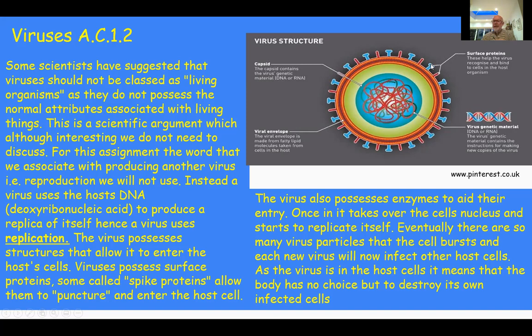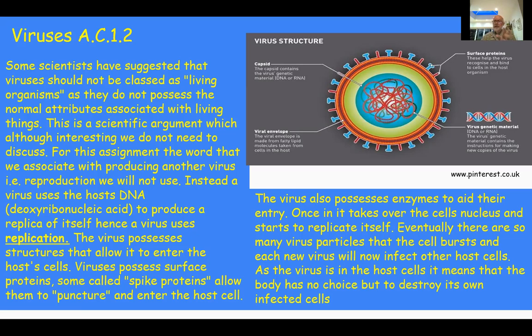They produce an antibody. We talk about the antigen-antibody reaction. And of course, they can also contain things called spike proteins, which allow them to pierce our cell and get in.